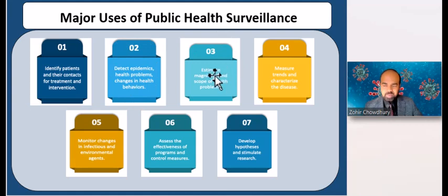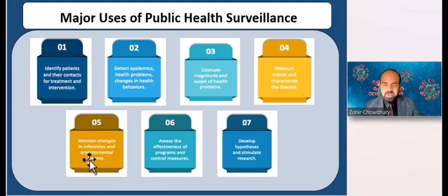A third possible way is to estimate the magnitude and scope of health problems, and this helps to estimate the resources that may be needed to combat them. Fourth possible use is measure trends and characterize diseases.